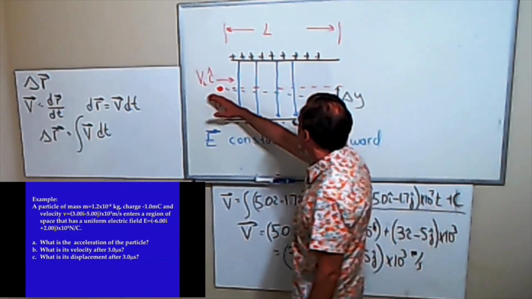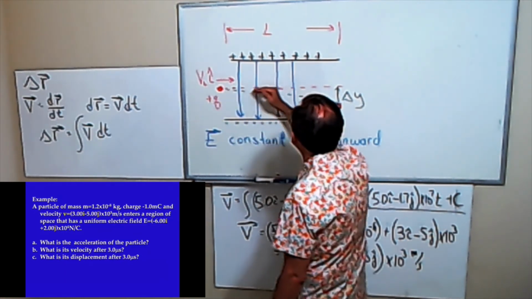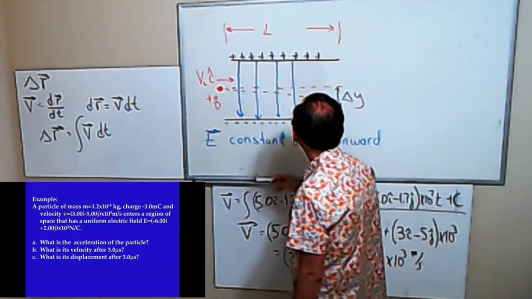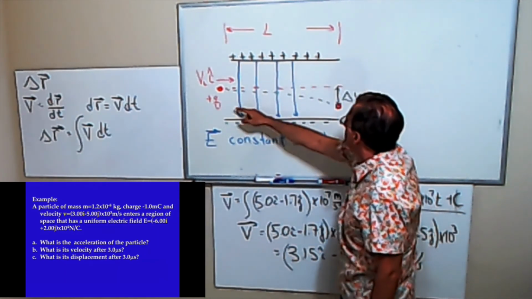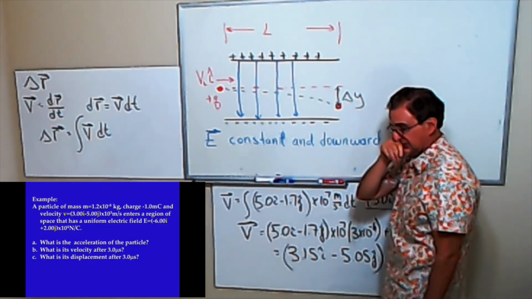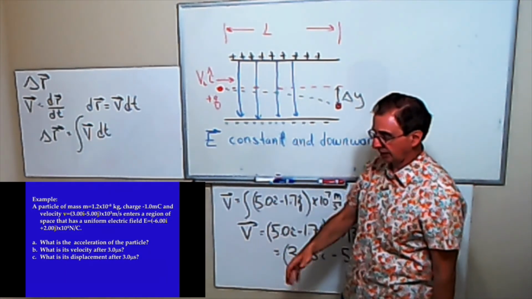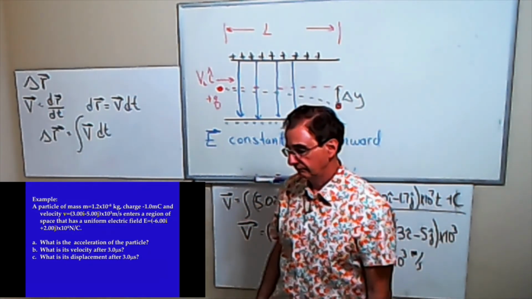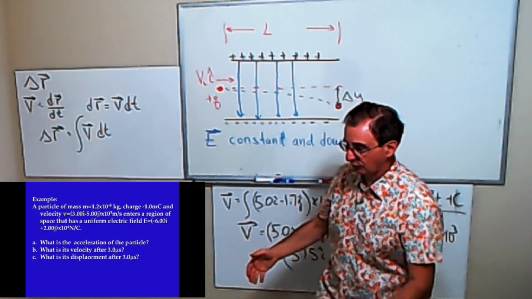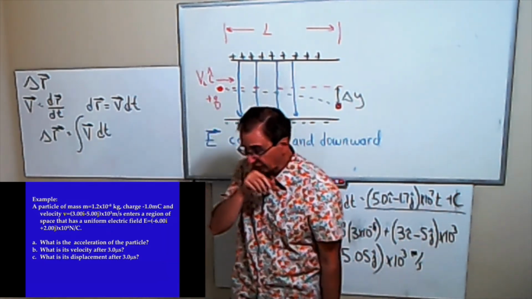You have a charged particle coming in with initial velocity v sub i along the middle in between these two plates, and you want to know how far it gets deflected after it travels L in the field. It's no different than an object sliding off a table and you're calculating how far it travels downward after a certain period of time or after it's traveled a horizontal distance L. No different.